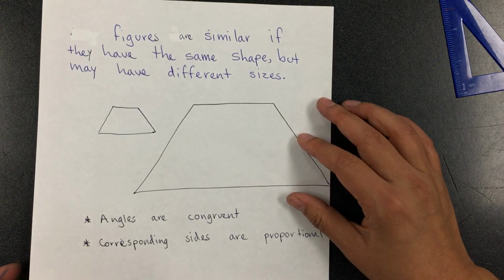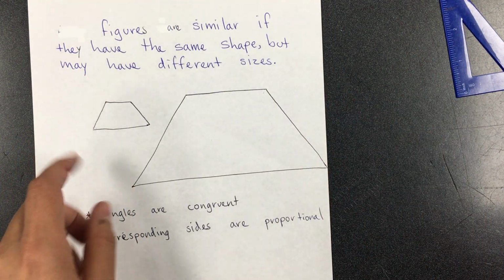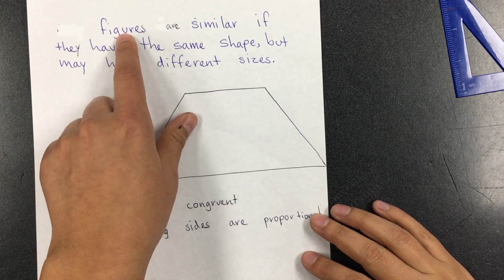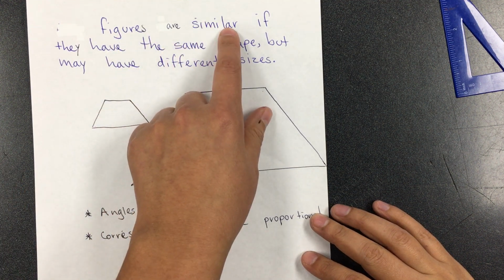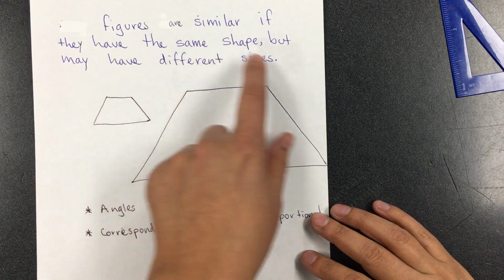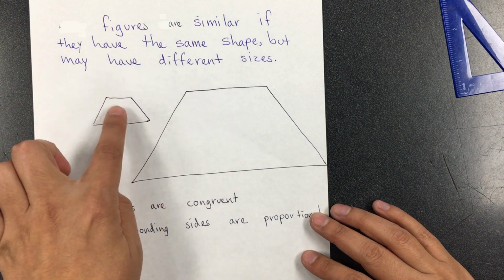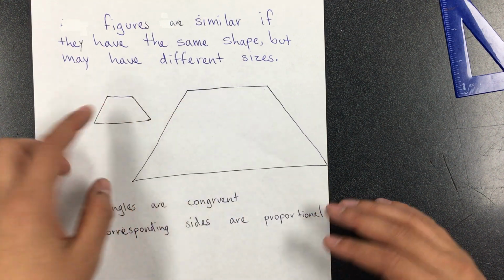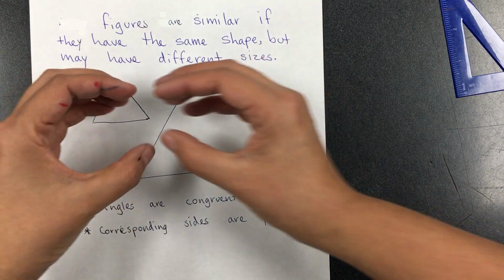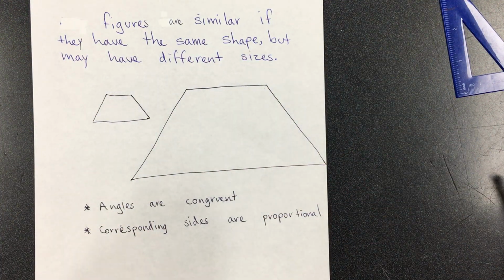So before we start, let me just give you a definition of what similar is. It says figures are similar if they have the same shape but may have different sizes, okay? So with lots of imagination, these look exactly the same, except one is enlarged, okay? Has the same shape. What does that mean?